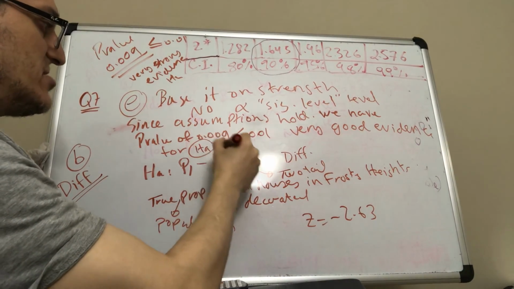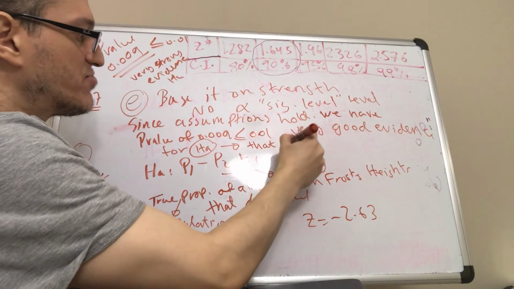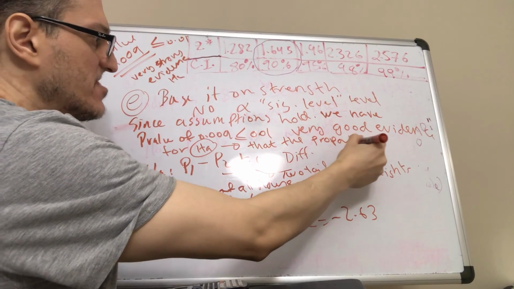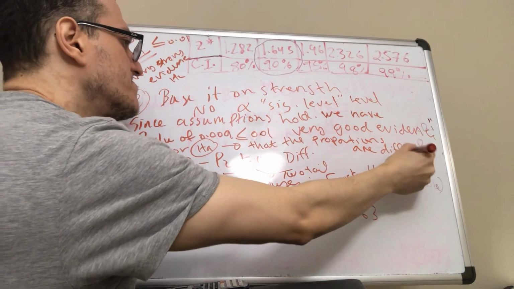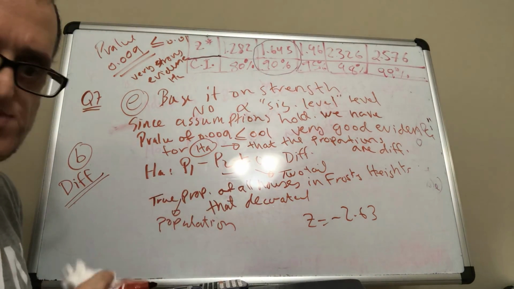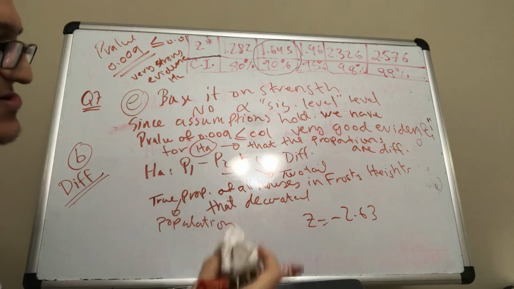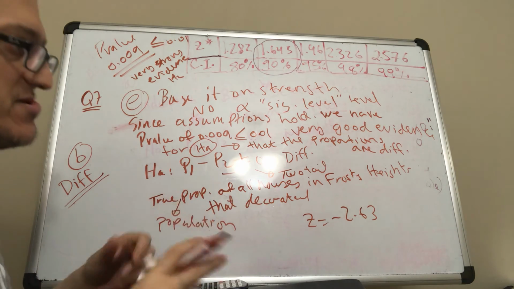But instead of HA, you say what HA is, that the proportions are different. So we have good evidence to support HA that the proportions are different. If you want to add more, you say the proportions of houses decorated in the first city and the second city are different.